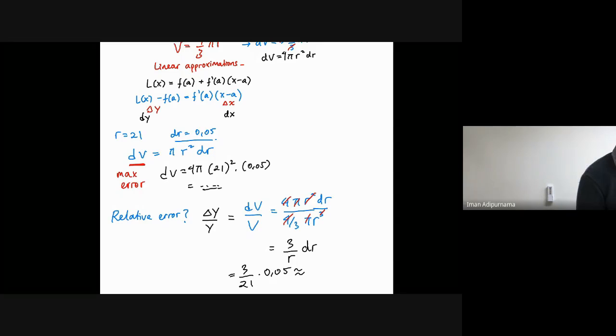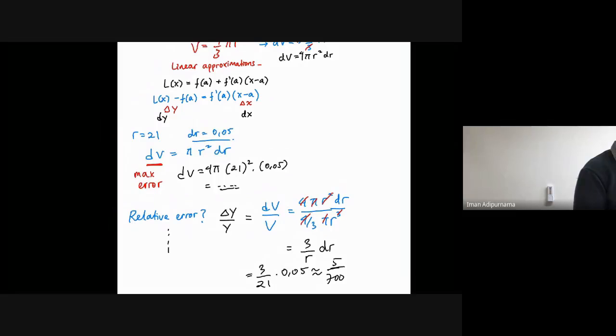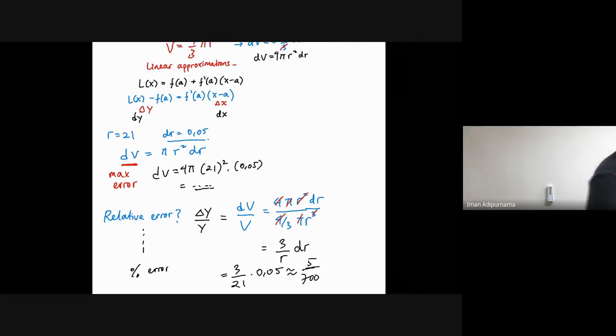It's around 5 over 700. And from relative error, you can know the percentage of error. You just need to make 5 over 700 become a percentage. So 5 over 7%. Okay.